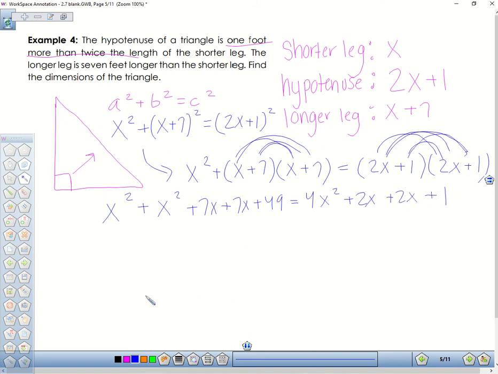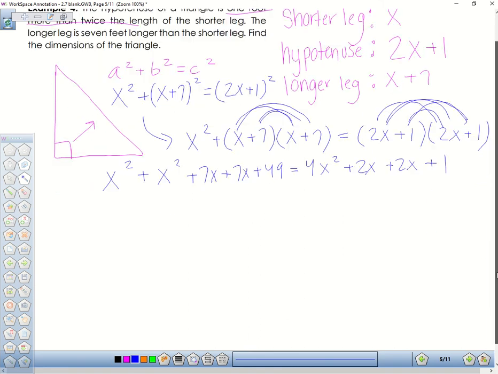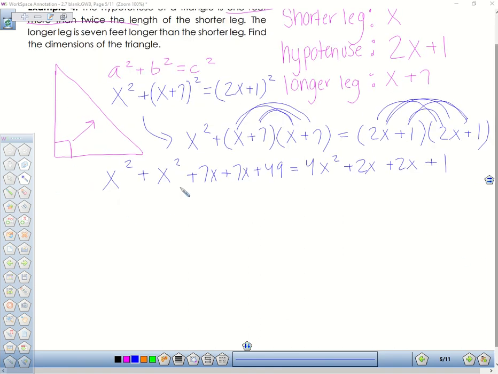It looks like a lot, but now we're just going to combine like terms. x squared plus x squared is 2x squared. 7x plus 7x is 14x. And I don't have any other constants on this side. Over here I have 4x squared plus 4x plus 1.